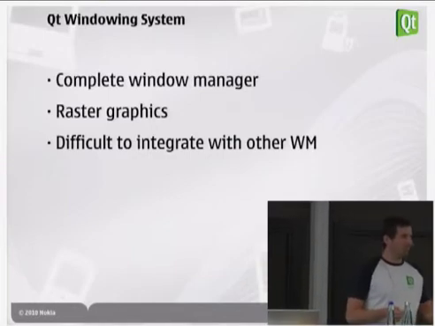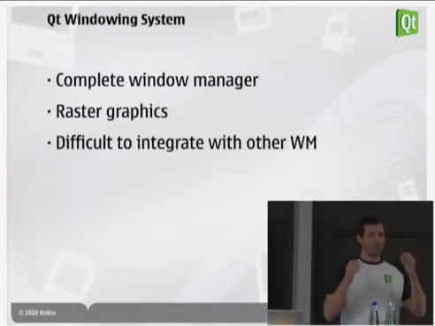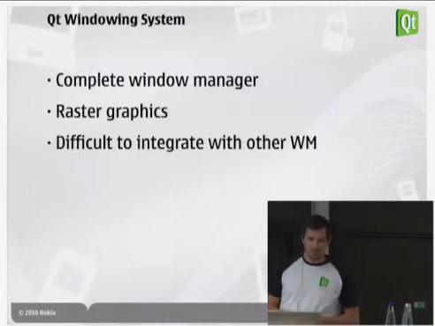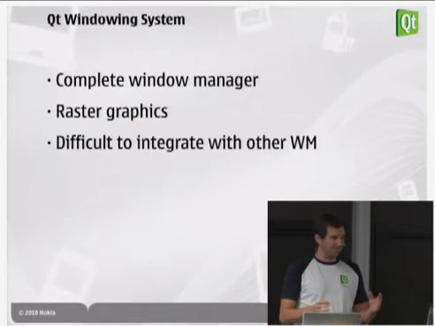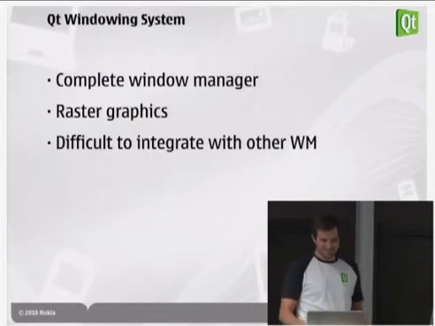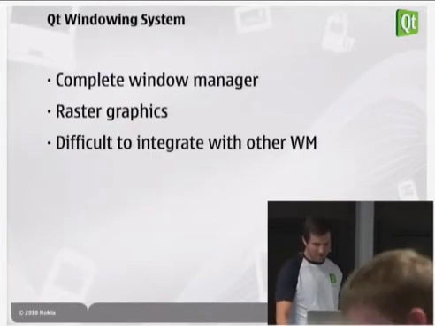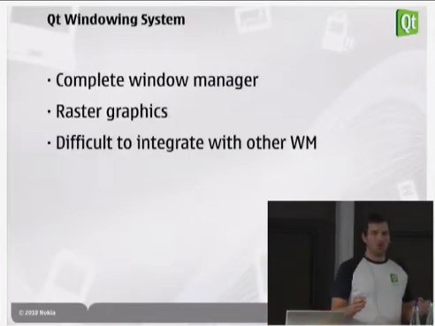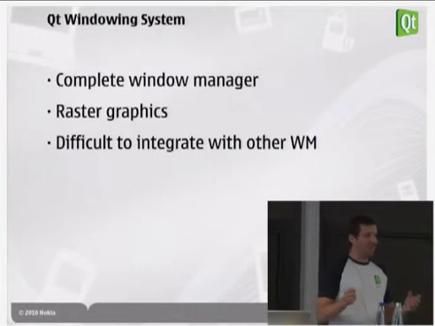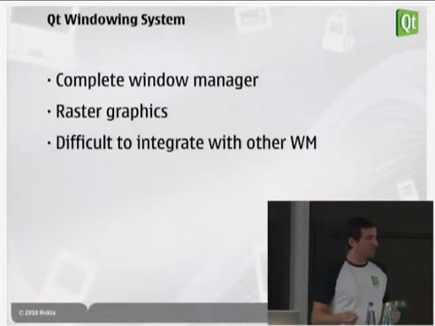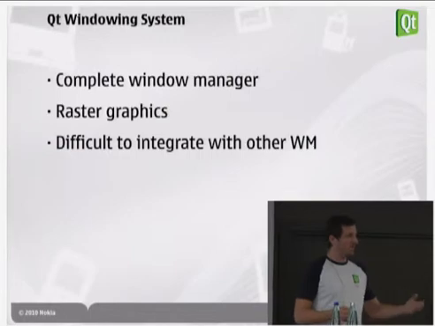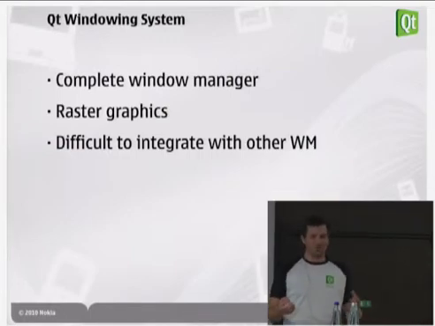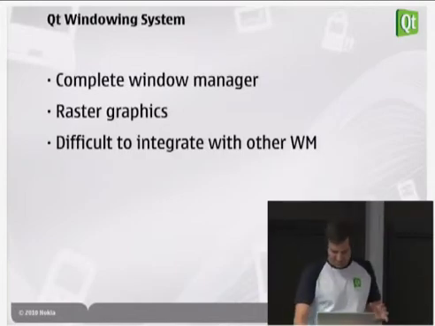We memory map the frame buffer device, and we composite onto that piece of memory. And it works great when you do it that way. However, it's a complete windowing system, so when you need to port Qt for embedded Linux to a new platform which has a windowing system, you get a windowing system in a windowing system. It's a bit strange. It's a bit odd.